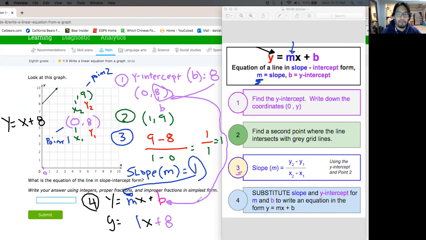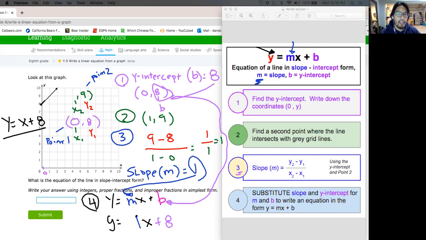I removed that 1 because just like in the previous example where we had a y-intercept of 0, and we got rid of that plus 0, if your slope is 1, you don't have to put 1x. It's just assumed. It's implied. If you have an x there, 1 times x is the same as x. So you don't have to put the 1. The proper way to write this with a slope of 1 is just y equals x plus 8.